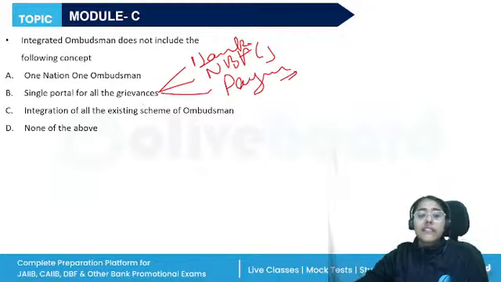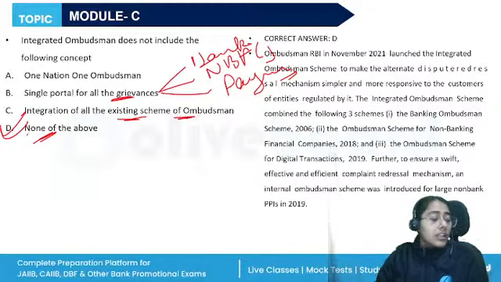So yes, for all the grievances, a single portal is there, an integration of the existing schemes. So all of these are the concepts included in the integrated ombudsman. So we will mark answer D, none of the above is not a component. That is, all of the above are included.